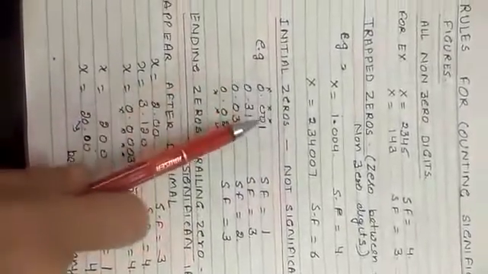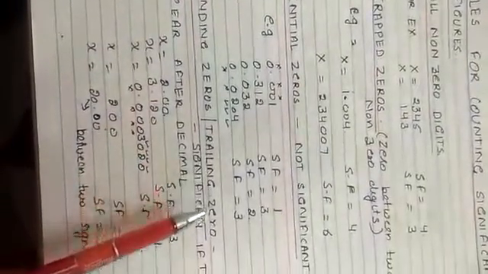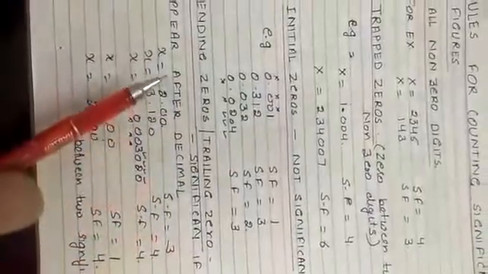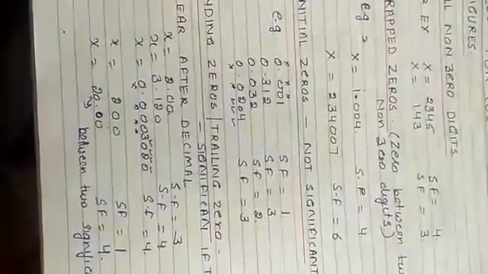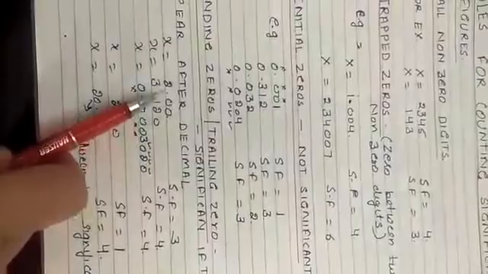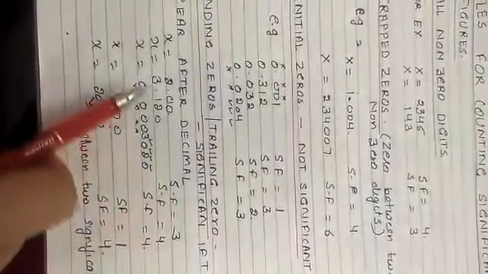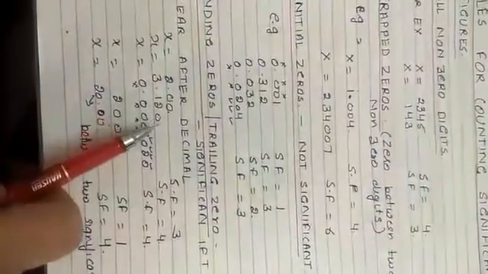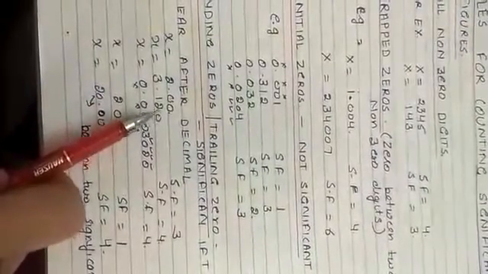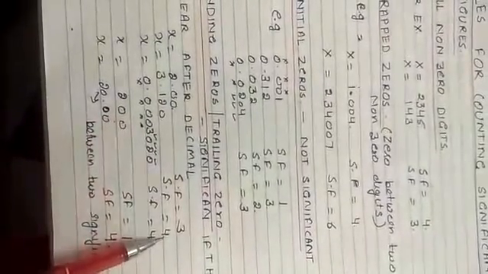Now this was the initial zeros, but what about ending zeros? Ending zeros are also called trailing zeros. Suppose x is equal to 2.00. These zeros are after the decimal, so they are significant, and that's why significant figures are 3. And in 3.120, this zero is also after the decimal, so significant figures are 4.